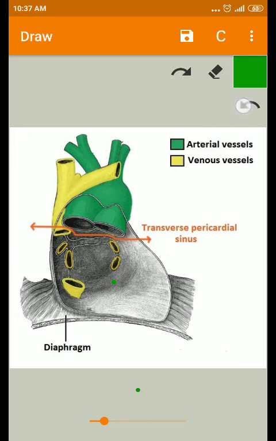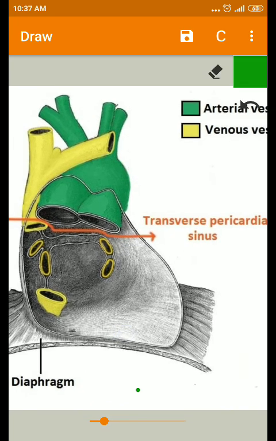And the venous tube encloses, here you can see, there is some space between the superior vena cava and the arch of the aorta. So there is a lot of distance between them. The venous tube encloses the superior vena cava as well as the inferior vena cava.